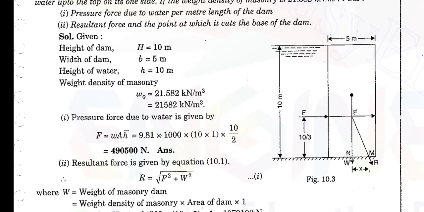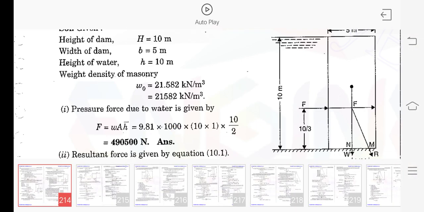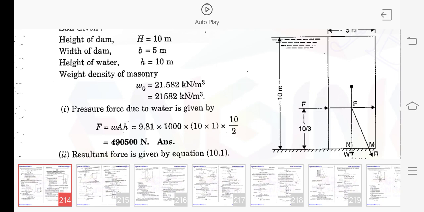And then the total pressure force is nothing but W into A into H bar. Already you know that this W is nothing but weight density of the water. So water, it is 9.81 into 1000, so this is going to be W, and the area is 10 into 1.